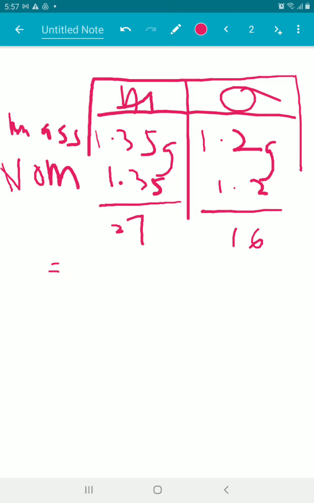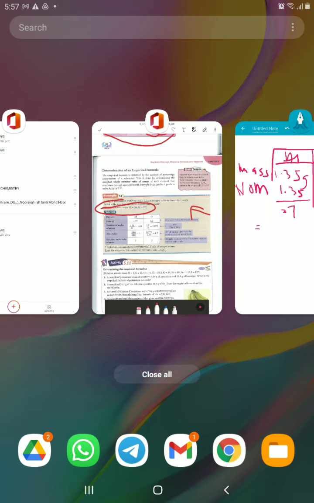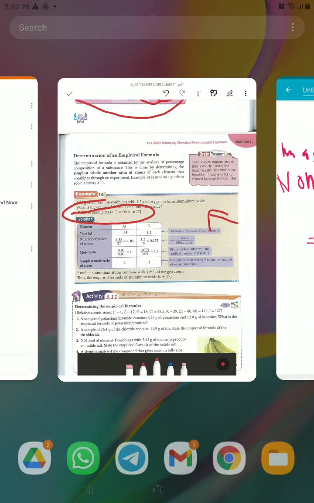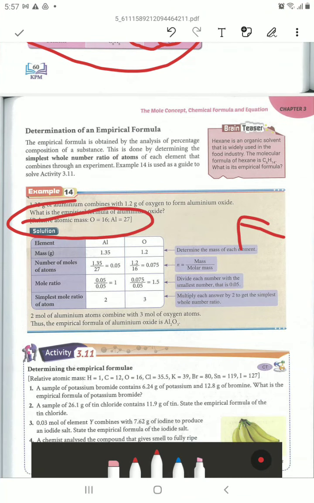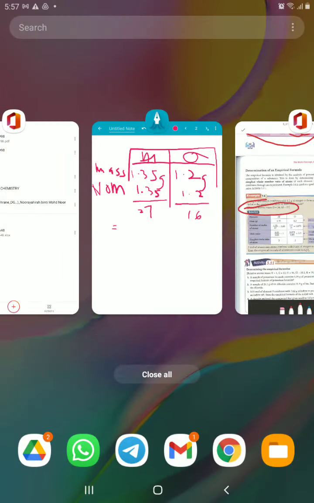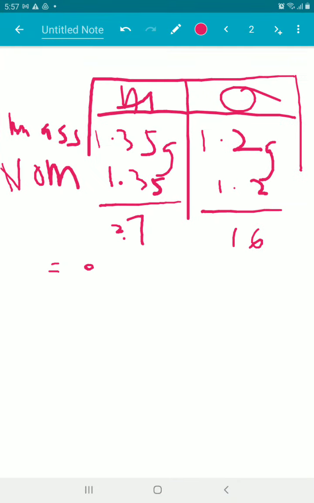Then you will get the number of mole: 0.05 for aluminium and 0.075 for oxygen. That is step number 2.